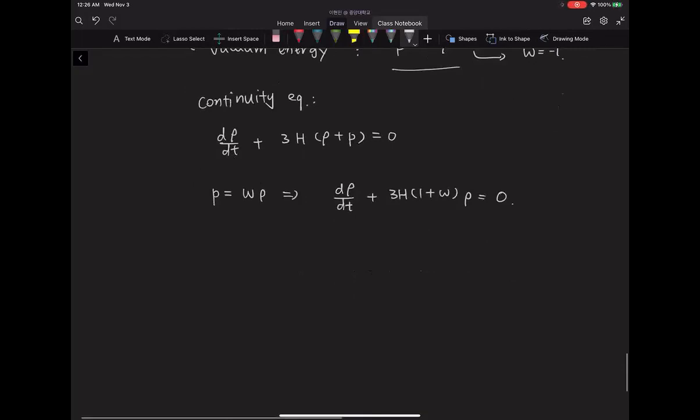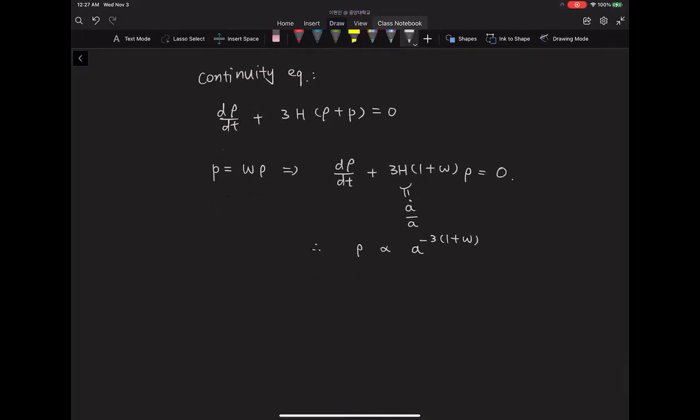Right, and H is the scale factor A dot over A. Therefore, rho must be proportional to A to the -3 times (1 plus W).